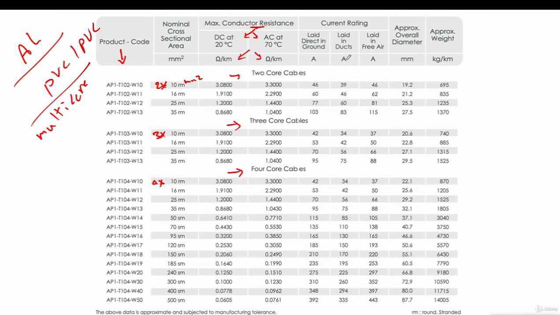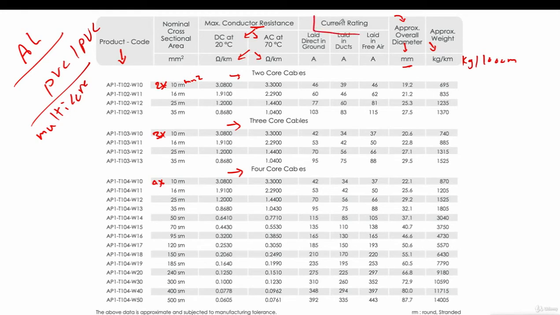And as previous, we also have the outer diameter of the cable and the cable weight. The diameter is in millimeter, and the approximate weight is in kilogram per kilometer. It means kilogram per 1000 meters.